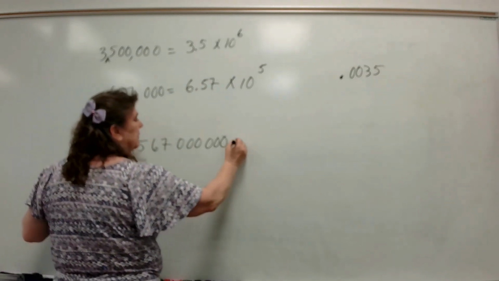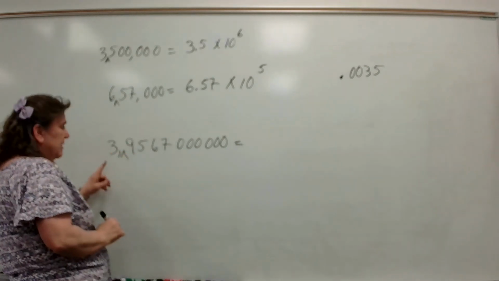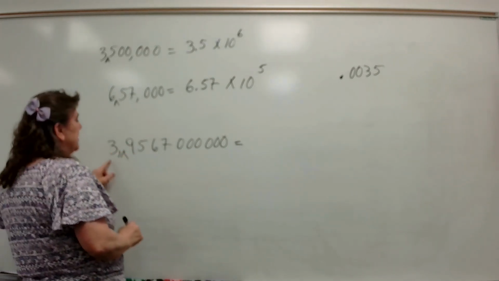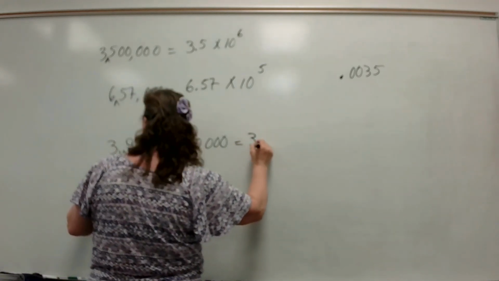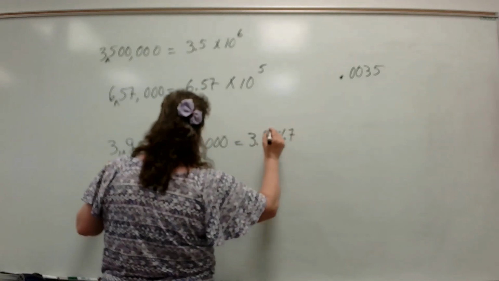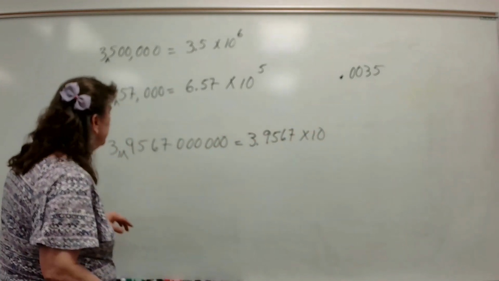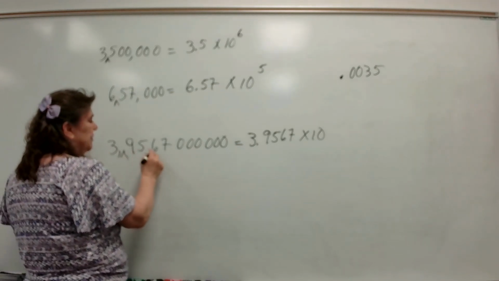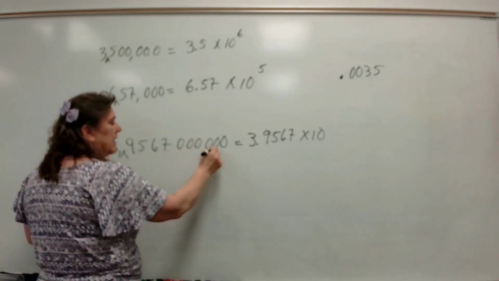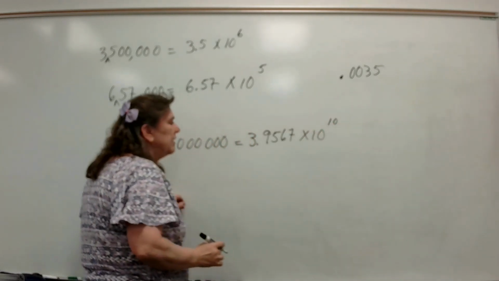Looking at this one. Again, decimal point has to go after the first significant digit. So this is 3.9567 times 10. What's your power of 10? 1, 2, 3, 4, 5, 6, 7, 8, 9, 10. 10, and is it positive or negative?